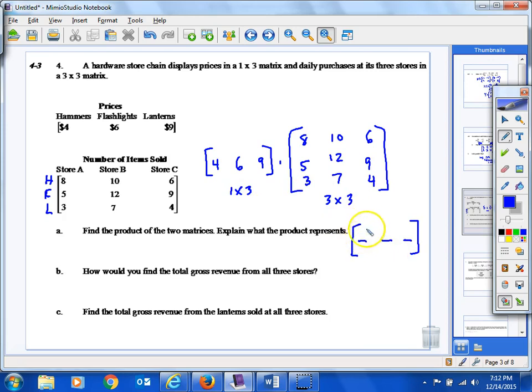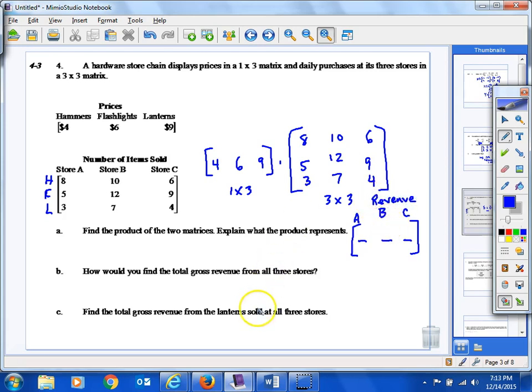Okay, so let's get this first element, which should be, since we're multiplying prices, these are prices, as you can see, times all the items sold. This will be revenue for store A, store B, and store C. You can call this revenue for each store.